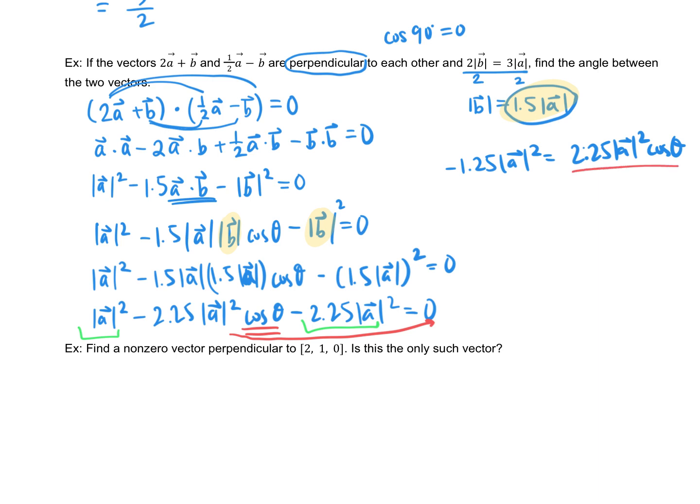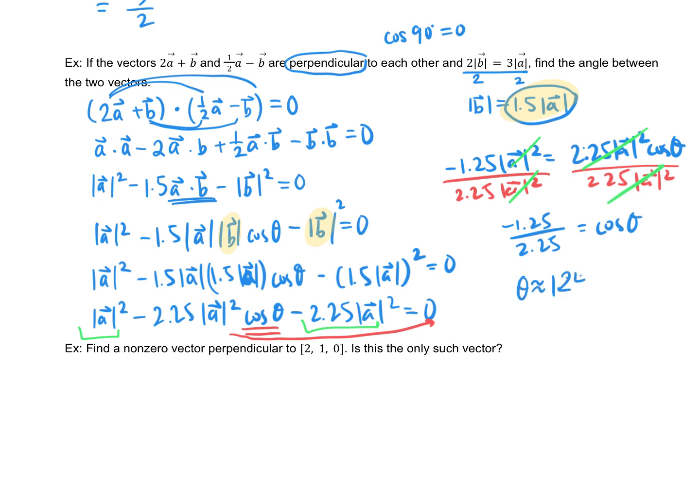And now I'll divide both sides by 2.25 times the magnitude of A squared, which is wonderful because on the right side, they just cancel out. On the left side, those magnitude squares cancel out, which is perfect because now I just have a nice ratio that is equal to cos theta. I can take a cos inverse of that fraction, and then I have my angle, which is approximately 124 degrees.